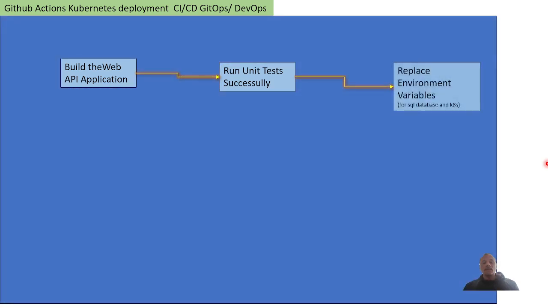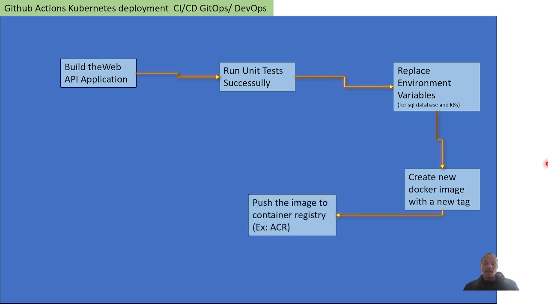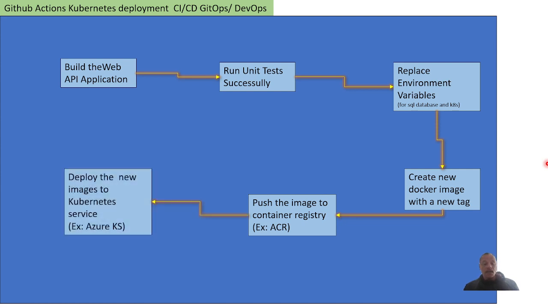When the unit tests are successful, it's going to replace environment variables for the SQL database and for Kubernetes settings. It's going to create a new Docker image for this version of the application and push this image to a container registry, in this case Azure, and it's going to deploy our new images and a new version of the application to the Kubernetes services on the environment that we want.